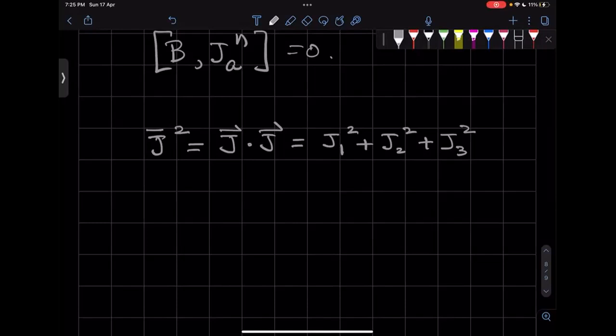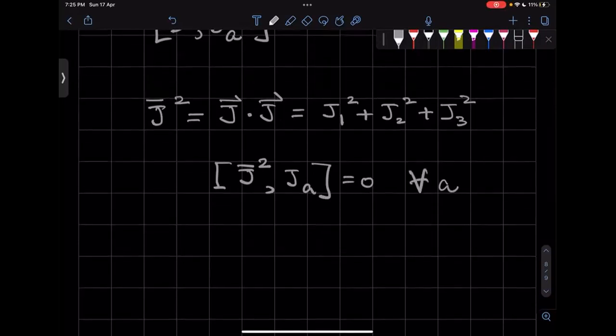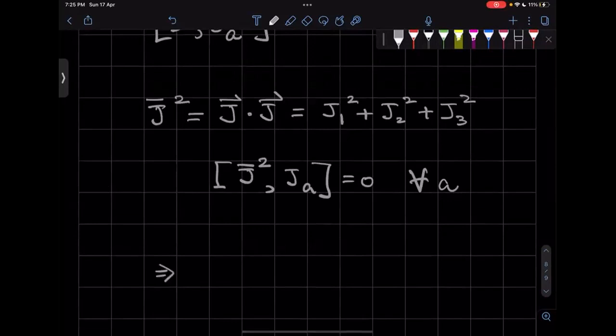It's very easy to show that the J squared operator commutes with all the individual J_A operators, for all A. So what does this mean? This means that the J squared operator must be proportional to the identity matrix, right?